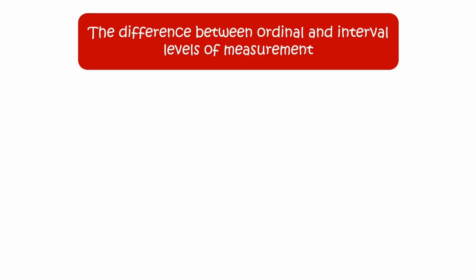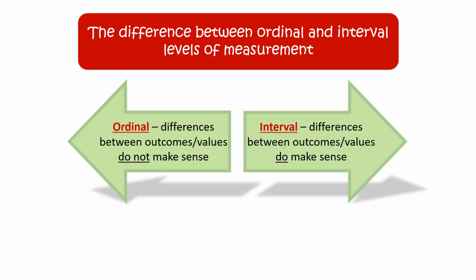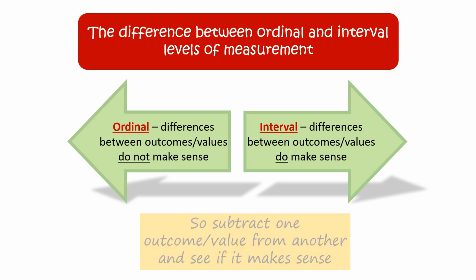The other thing is, of course, let's look at the differences between the ordinal and the interval levels of measurement. With the ordinal level of measurement, differences between outcomes or values do not make sense at all. But with an interval level of measurement, differences between outcomes or values do make sense.